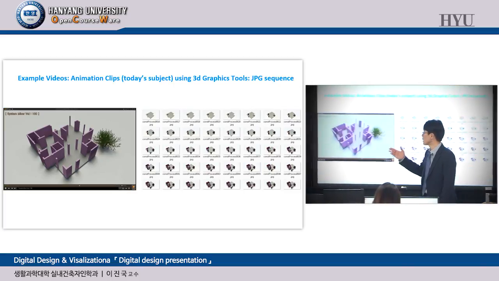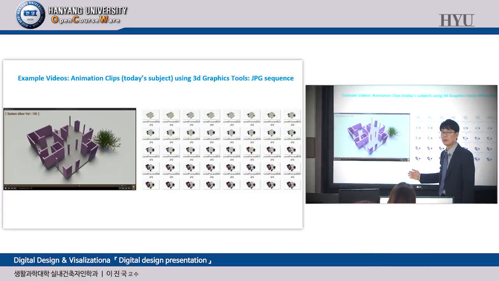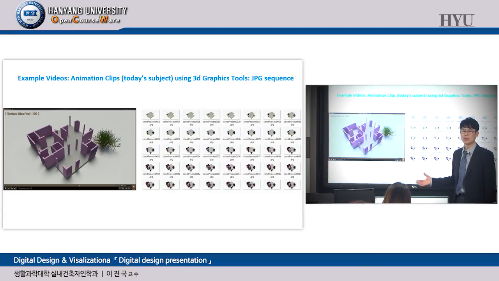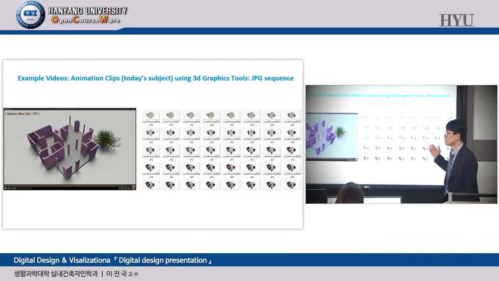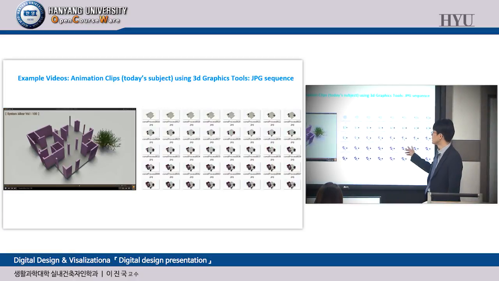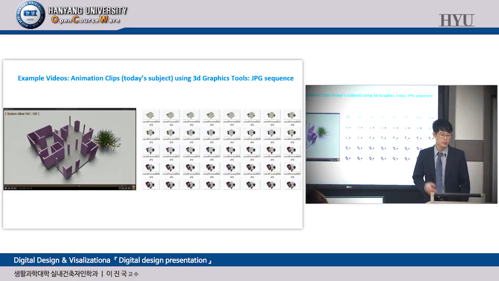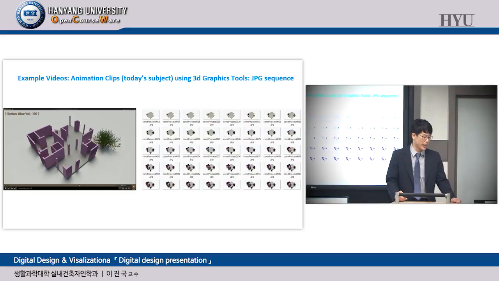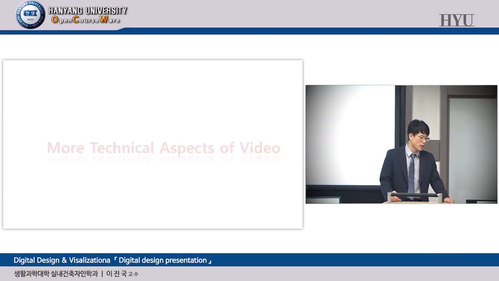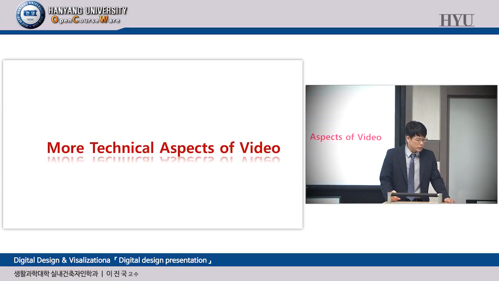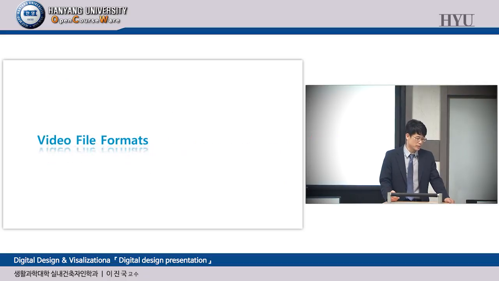Of course, you can save this animation to an AVI file or something else, but I recommend you always render this sequential JPEG. I'm going to tell you the technical aspects of this one today. Something more about technical aspects of video making, animation making. At first, video file formats.